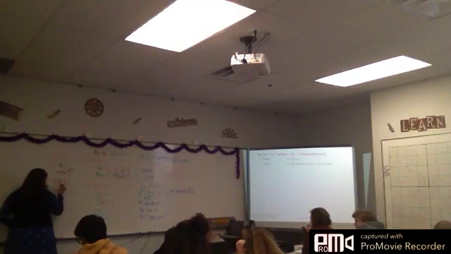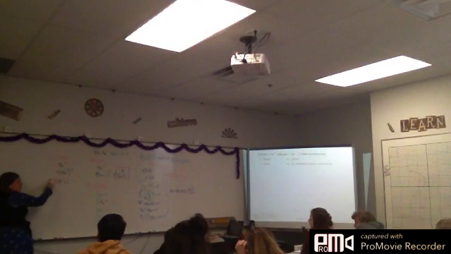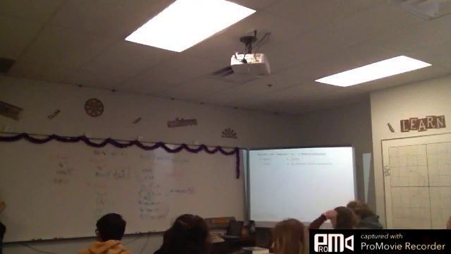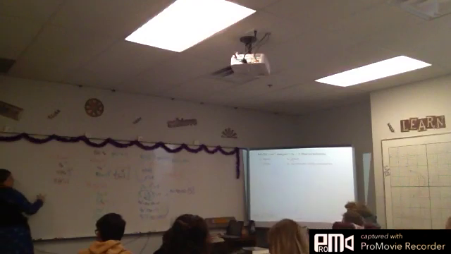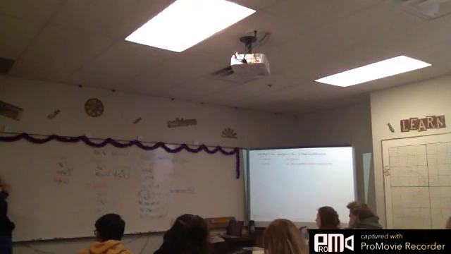Now, what do we know about this 4 on the outside? It's multiplying to that. What else do you know about that 4 on the outside? It has a 1 as its power, right? And what happens when we multiply stuff with the same bases? You add their powers, so what's 1 plus negative 1? 0.